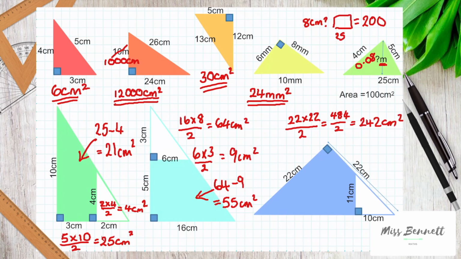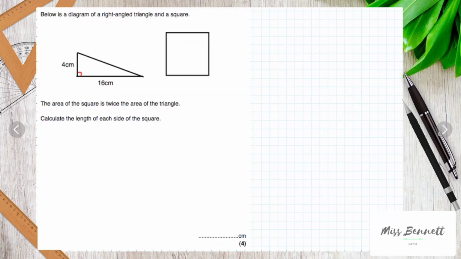The smaller triangle, the base is 10 and the height is 11. 10 multiplied by 11 and divided by 2 gives us 55 centimetres squared. Subtract one from the other to leave us with the blue area. 242 subtract 55 leaves us with 187 centimetres squared.